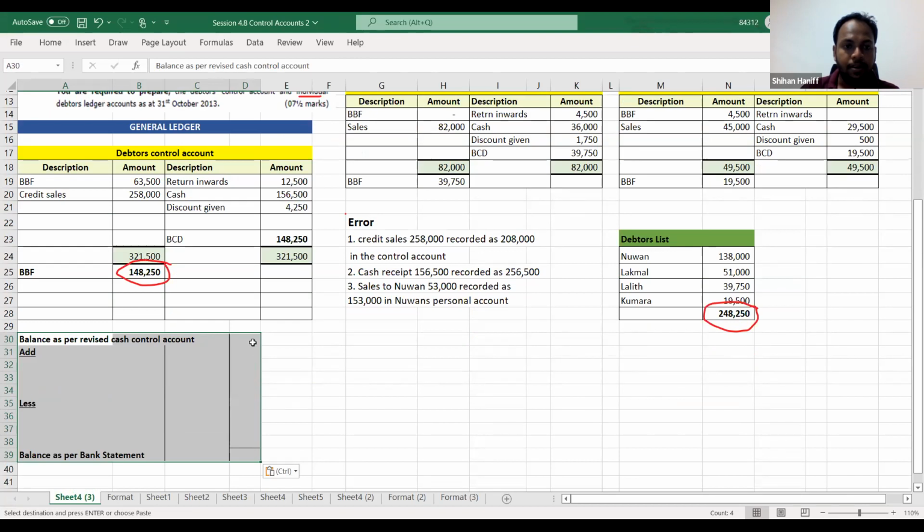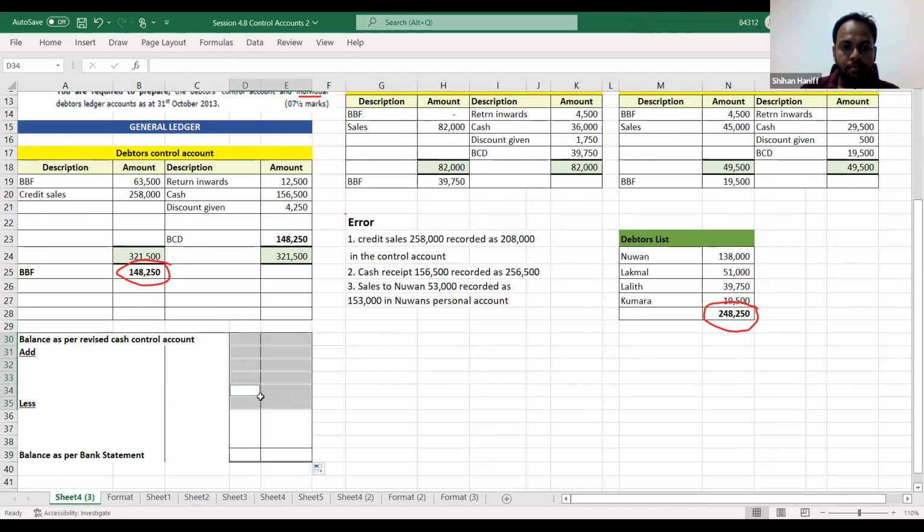Let's take this format. This is the format of reconciliation.